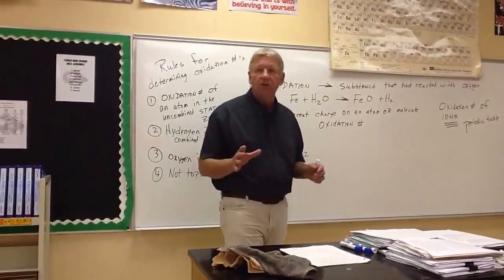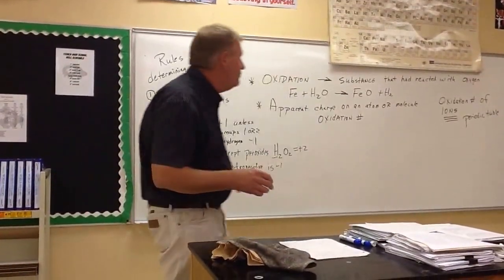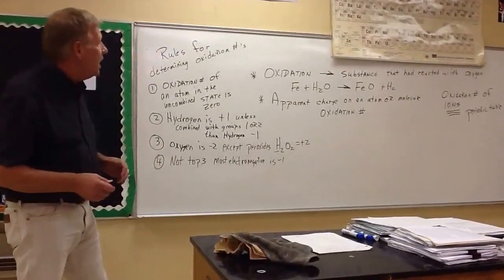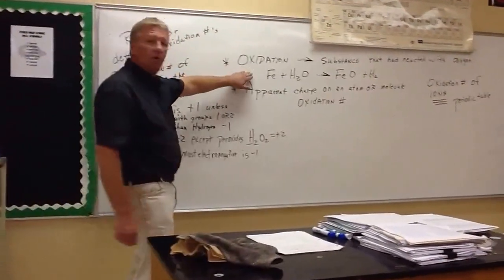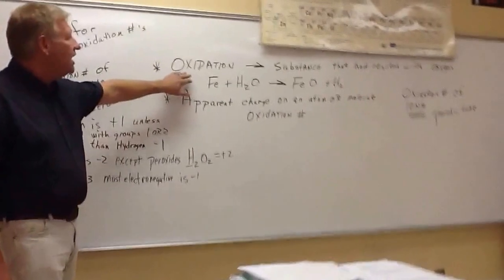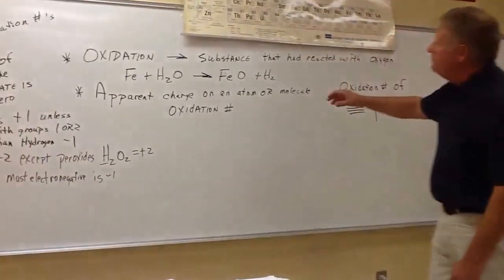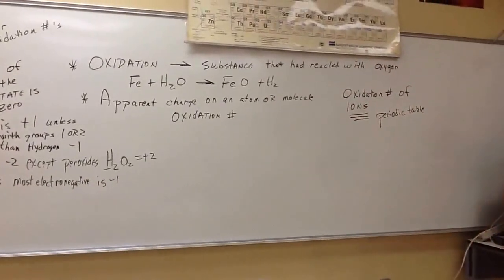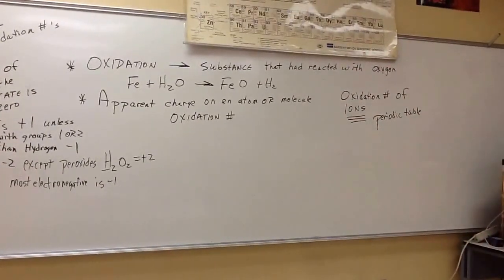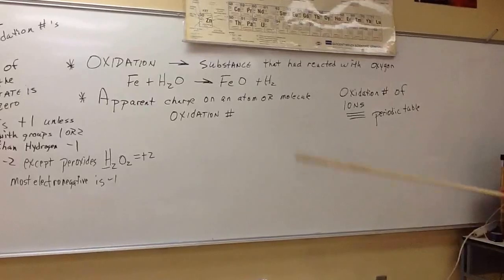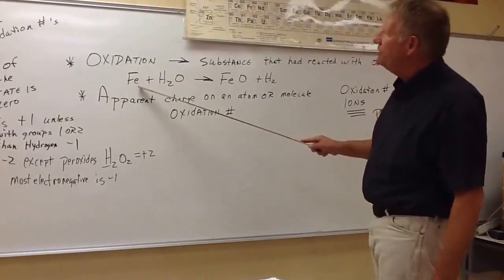What we're going to do is something called oxidation numbers. The first thing I'm looking at here is that the old definition for oxidation used to be a substance that had reacted with oxygen. A typical example would be this chemical formula where Fe is iron.